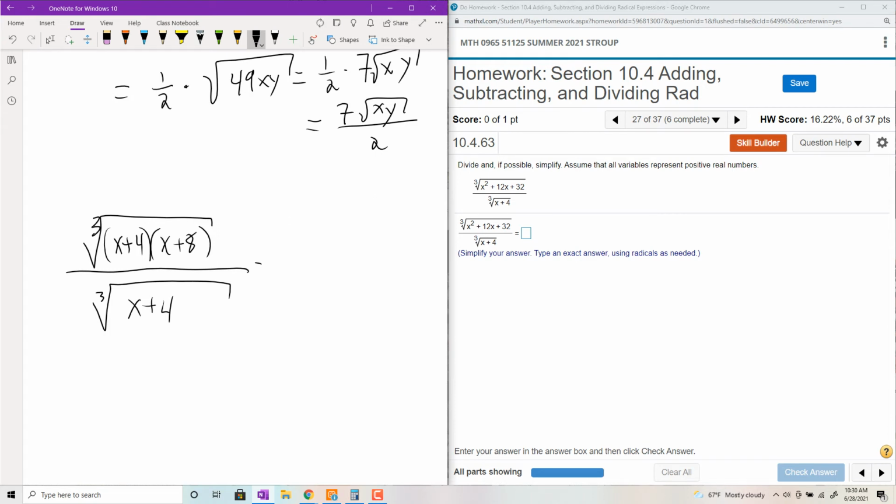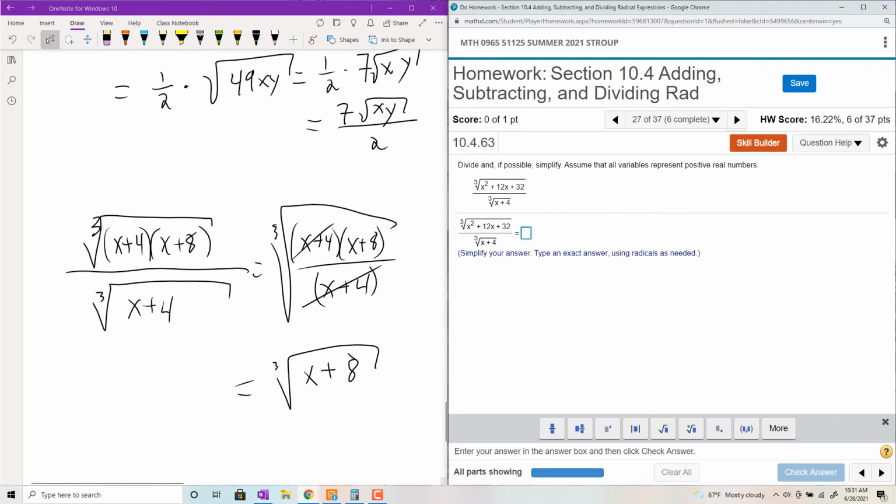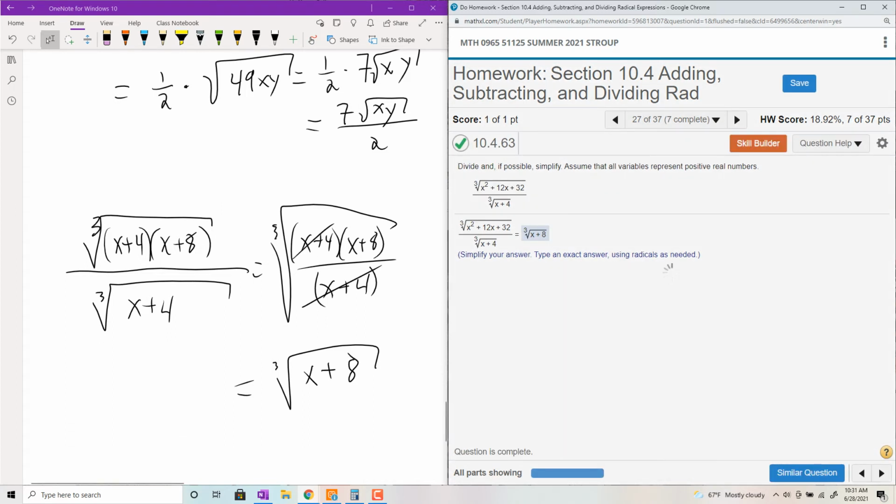And then you could turn it into 1 cube root and simplify. Then you just have the cube root of x plus 8, which it is what it is, and that would be your answer. Backslash nert, cube root x plus 8.